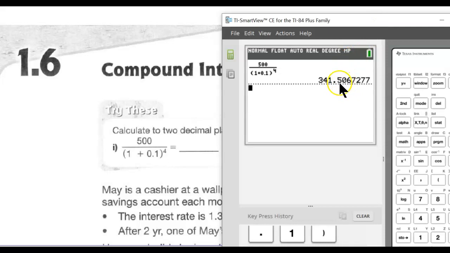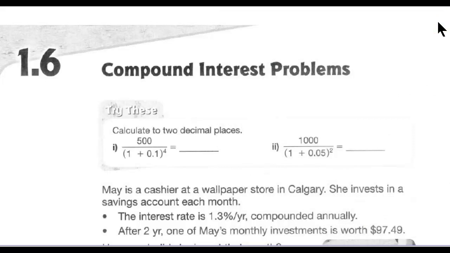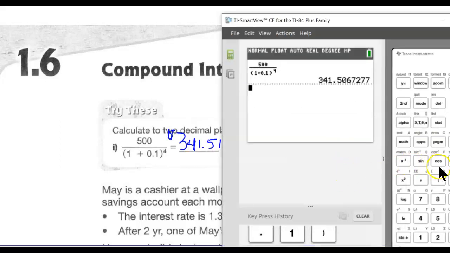So take a look, it's 0.5067, so the 6 makes the 0 go up to a 1, so it's $341.51. Okay, and I'll do the next one if you have just a normal calculator.